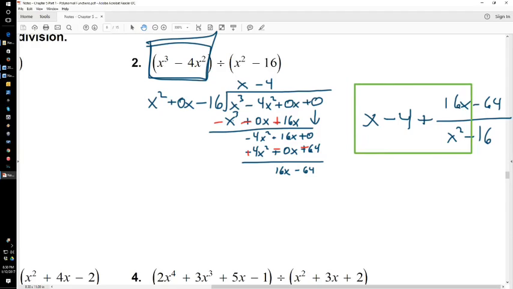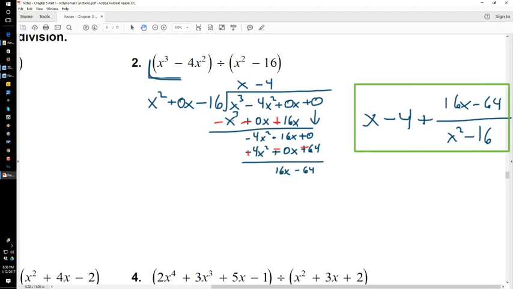That would be the final answer. Now I know that sounds more complicated than the original. In many ways it is. But when it doesn't come out evenly, basically what you do is you put the remainder over what you were dividing by, and just tack it on the end. That's all you got to do.